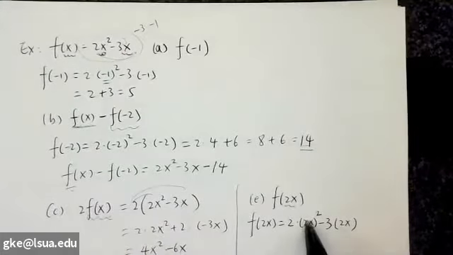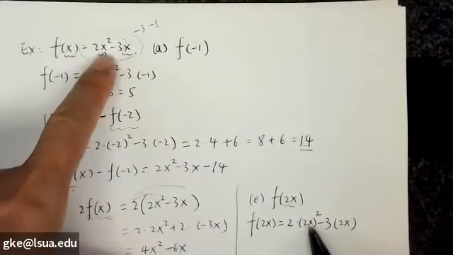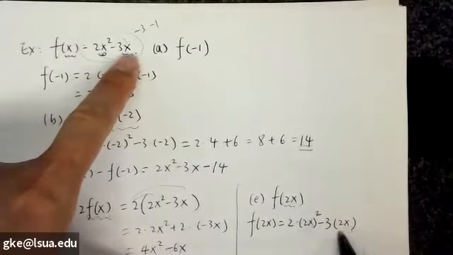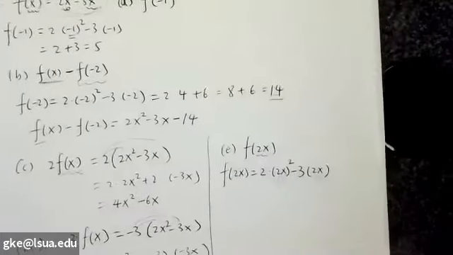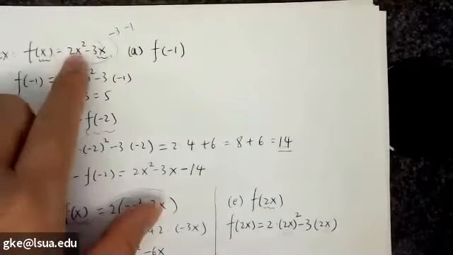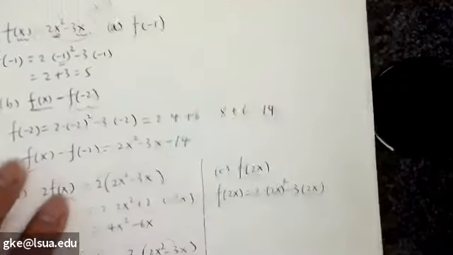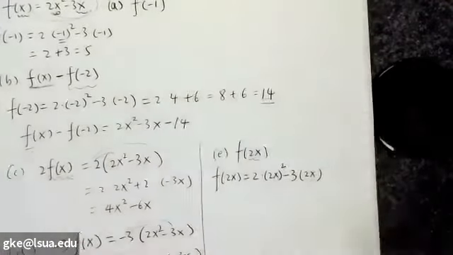So 2 times (2x) squared. This x becomes 2x, and this x becomes 2x. Very similar to what we did before. Previously we replaced the x by a number. Now we replace the x by a variable, 2x.